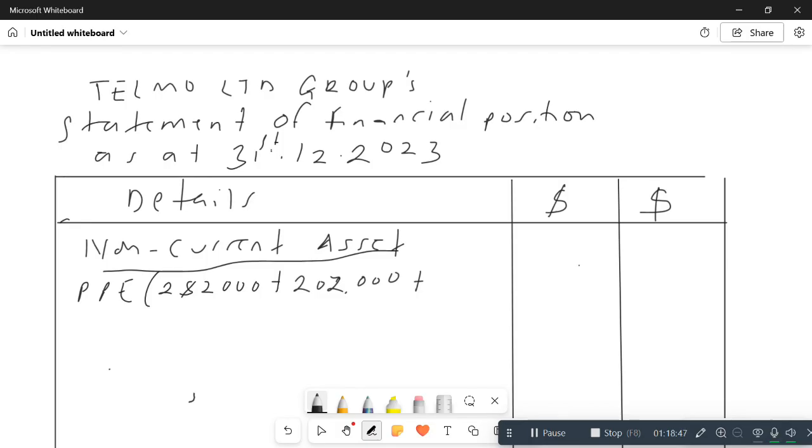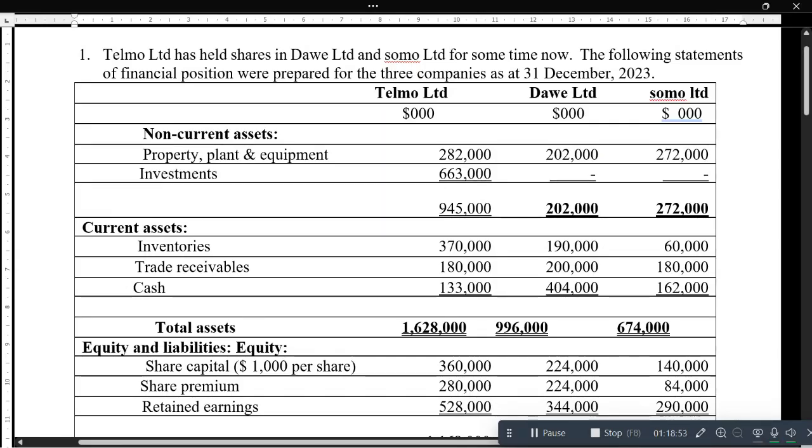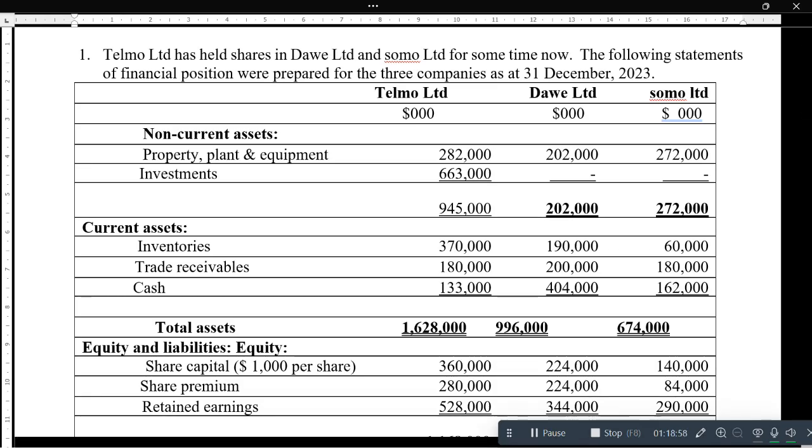We are adding the fair value of PPE, the PPE which was understated, and we calculated even depreciation at the end of the reporting period. The asset's value had reduced because of depreciation from 30,000 to 15,000.